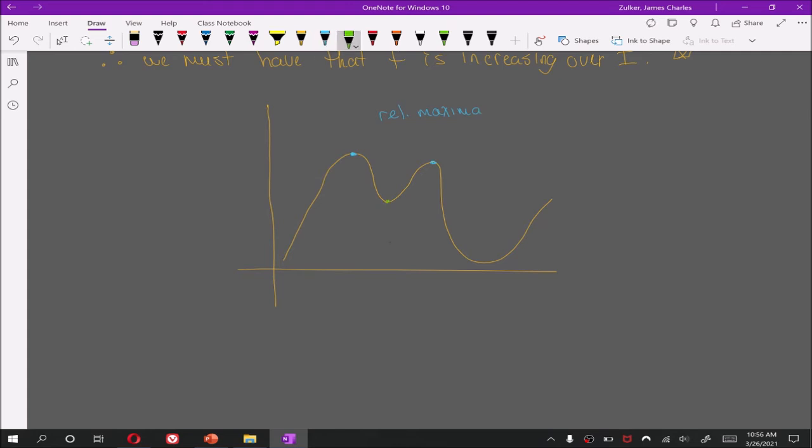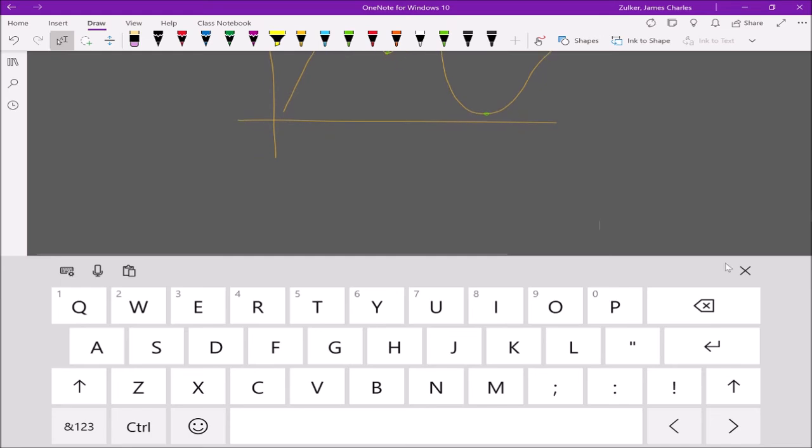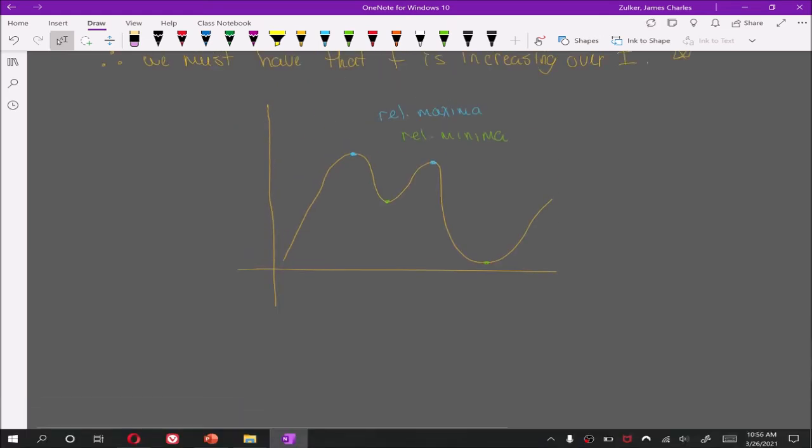And we know that these 2 points will be relative minima. But observe what's happening. Right, to the left of the max, we are increasing. Then to the right, we are decreasing in both cases.